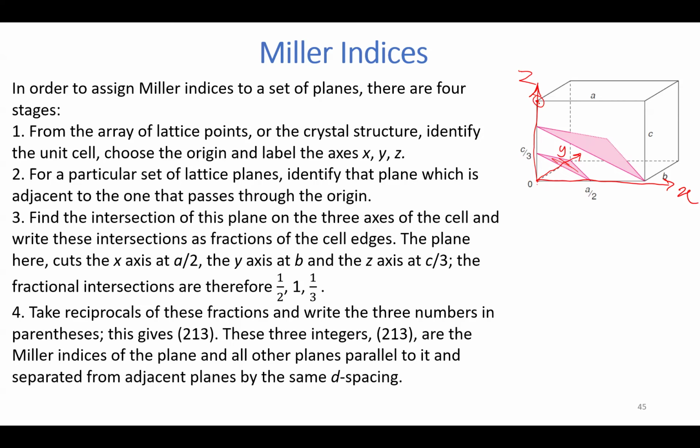If you pick that, you will realize you cannot define the direction, so you have to shift your origin. I hope that is clear. Now I'm going to take the positive direction of Y here, because otherwise, if I take this as the Y direction, you have to go back and the Miller value will be negative.